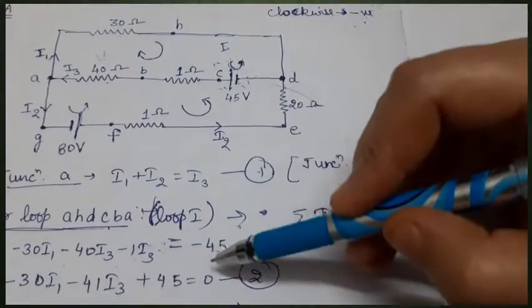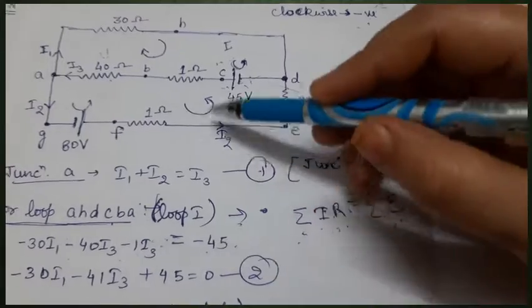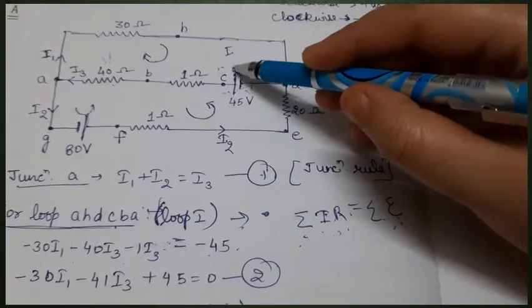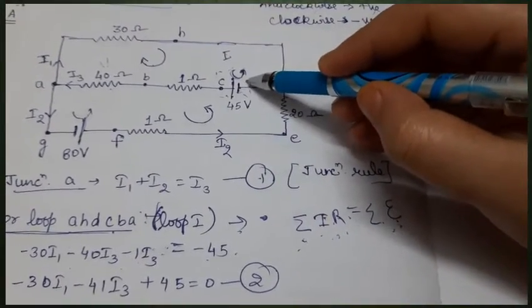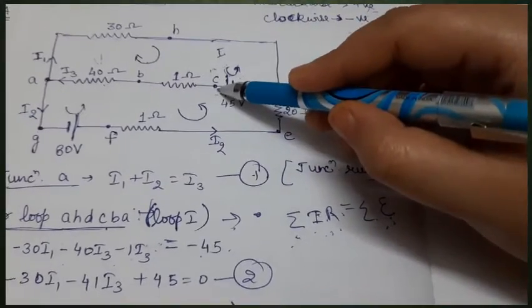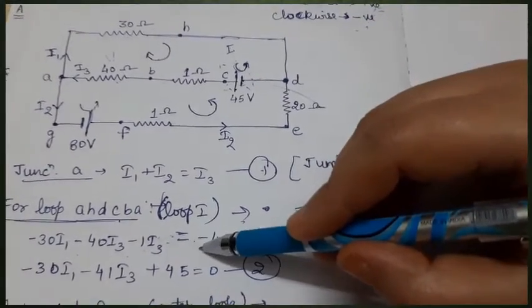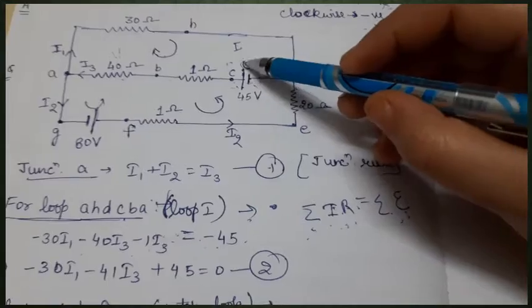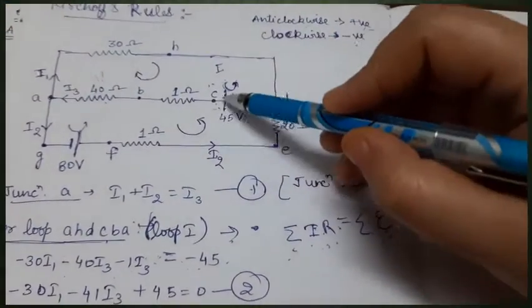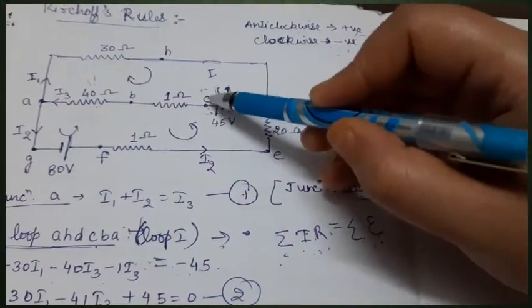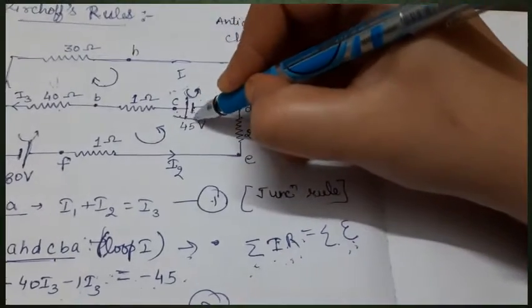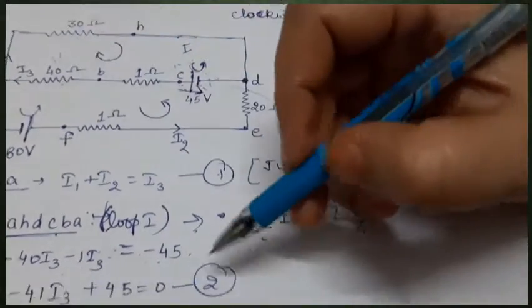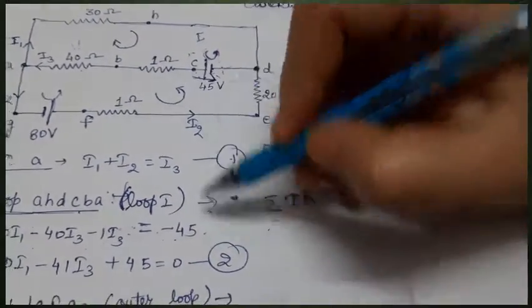In this case it will be taken as negative. On the other hand, if this anti-clockwise direction would have gone from negative to positive of the battery, we would have taken a positive sign. But here this conventional positive direction goes from positive to negative of the battery, so we put a negative sign in front of it.